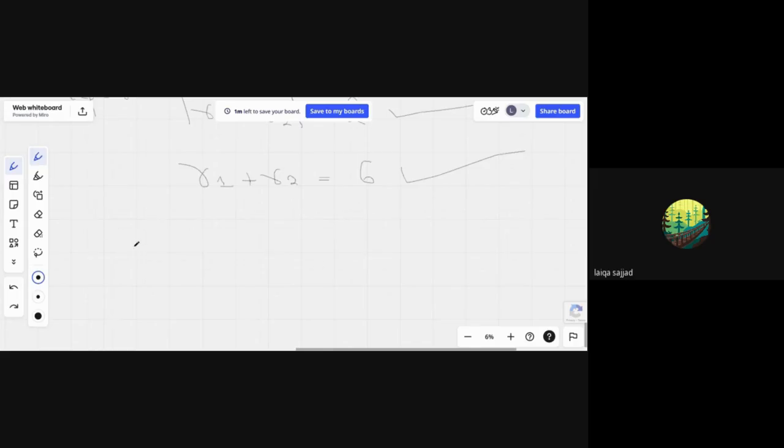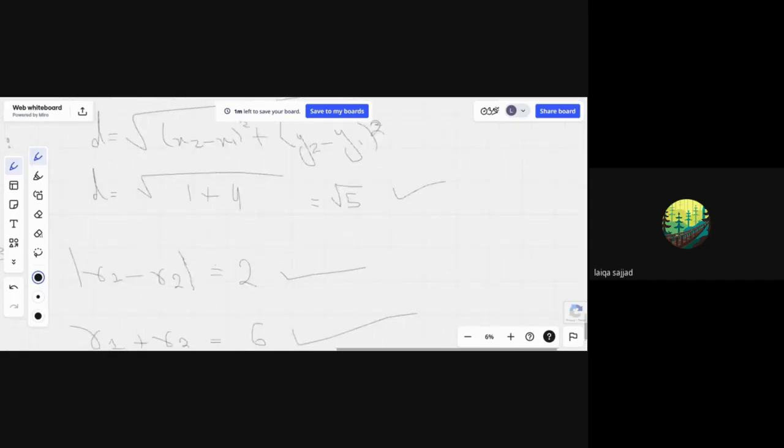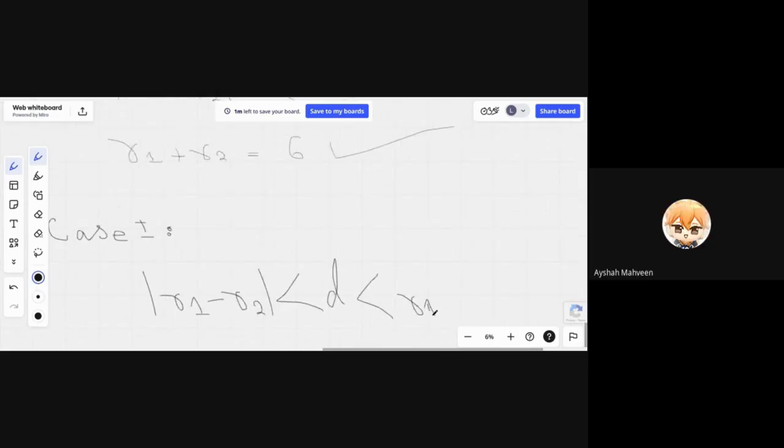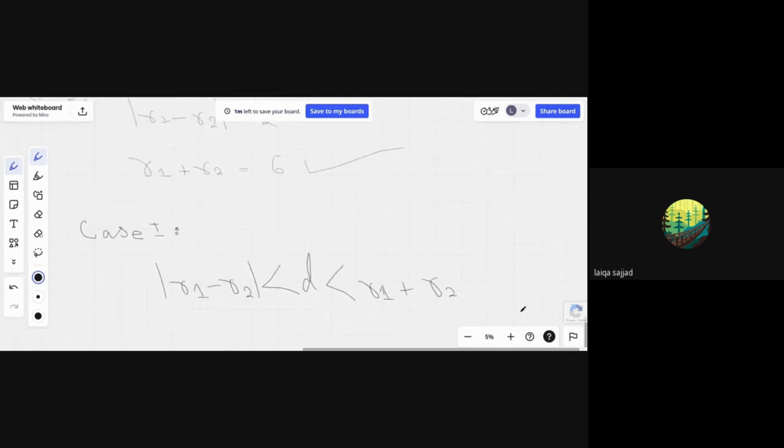Case 1: for example, if you get the value of this d, I'm representing the distance between them as d, so if its value is greater than r1 minus r2 but less than r1 plus r2, it represents that the circles are intersecting at 2 points.